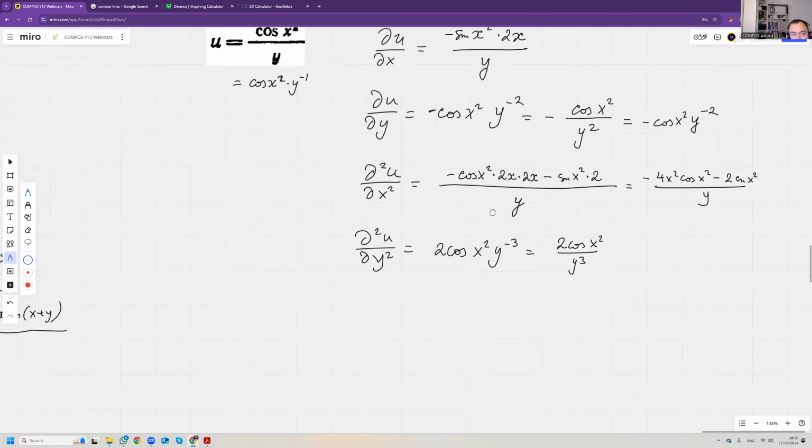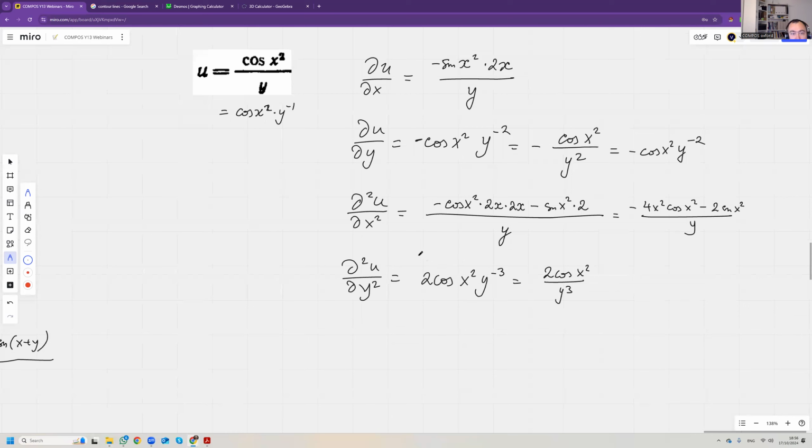Now, if you want to find the mixed second derivative, ∂²u/∂x∂y, we can choose: either we differentiate this with respect to y, or we differentiate this with respect to x. I'm going to differentiate the top one with respect to y. So it's ∂/∂y of minus sin(x²) 2x over y, which is y to the power minus 1.